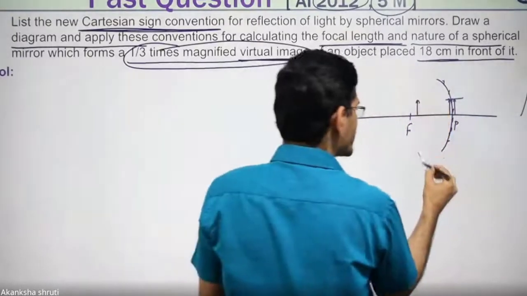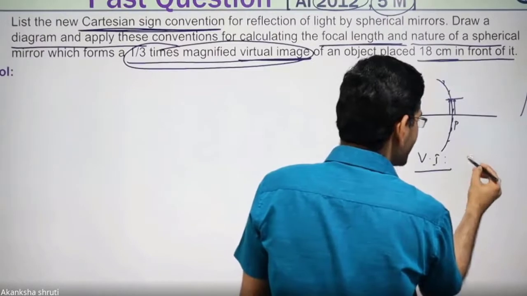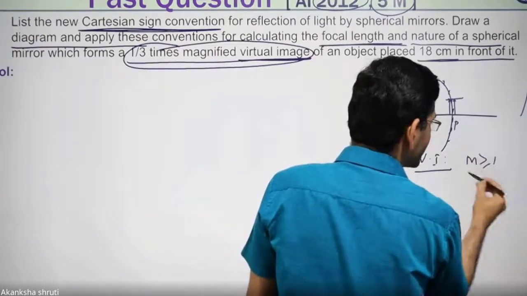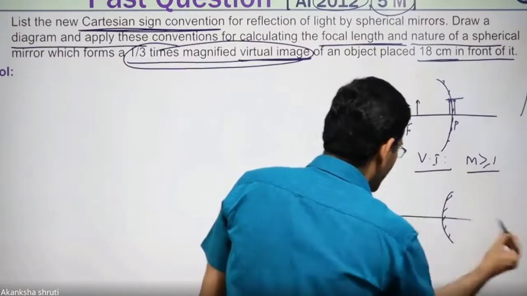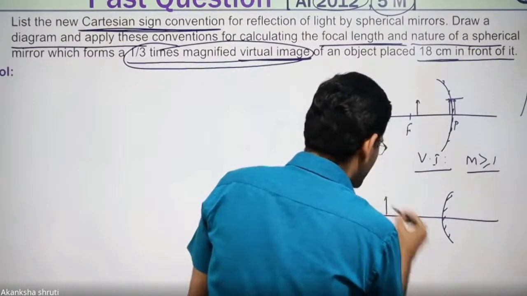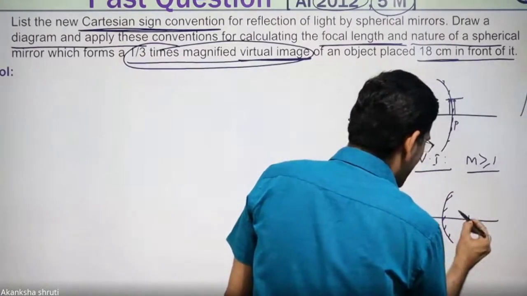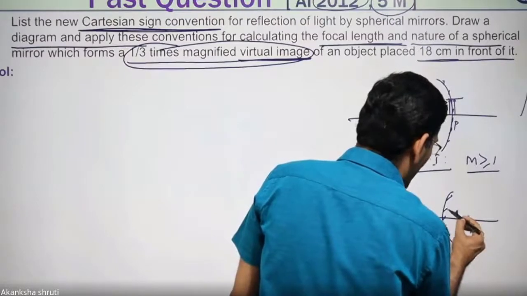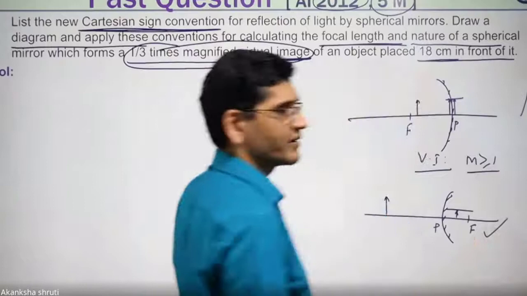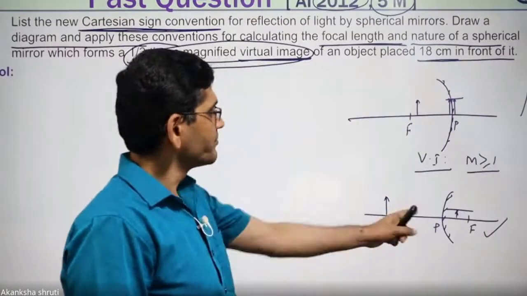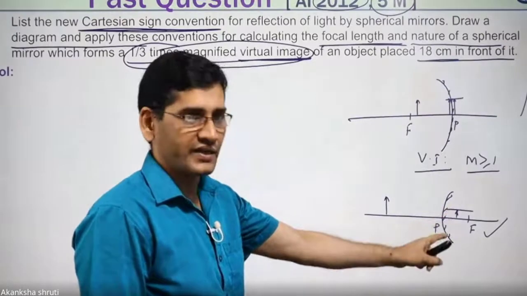So the virtual image is always magnified, means m is always greater than or equal to 1. But in case of the convex mirror, wherever the object is, the image is always between pole and focus and its size is always smaller. So the mirror here is our convex mirror.